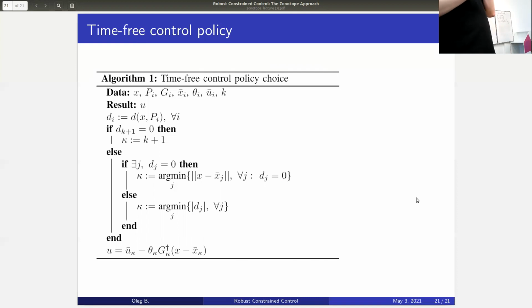A zonotope is just a representation of the states for which we want to make our guarantees, our control. So let's say this is a tooling robot. Visually, you can imagine there is a ball here, and all of the states inside those balls are the states for which we currently want to have some guarantees.